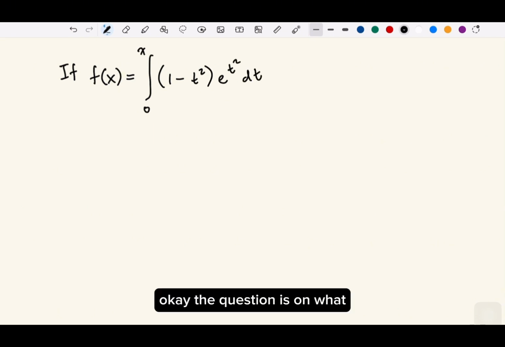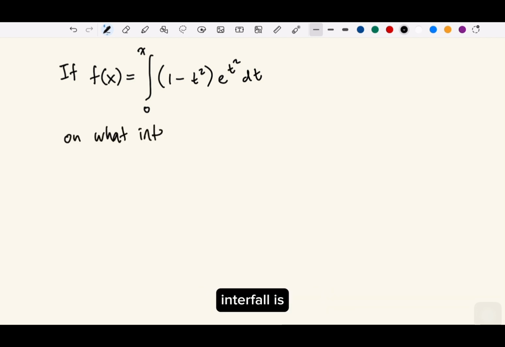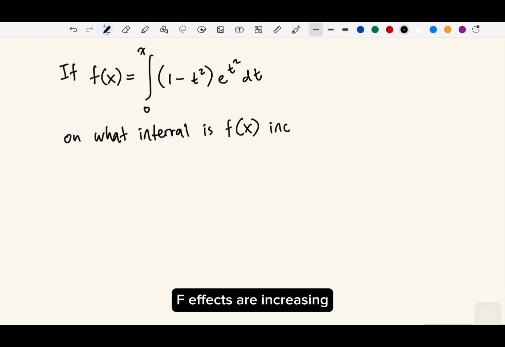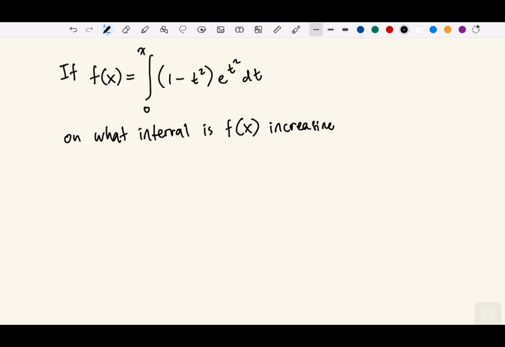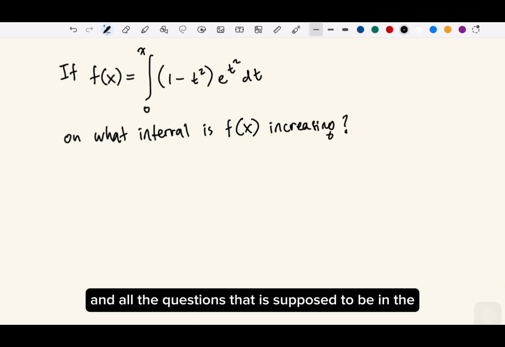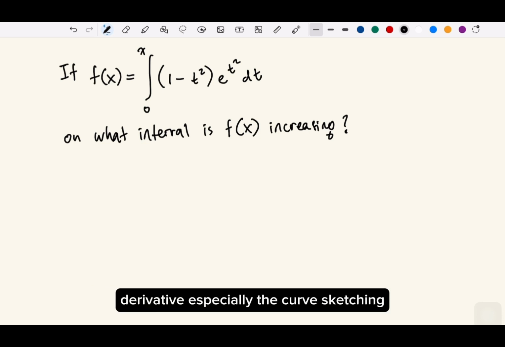Okay, the question is on what interval is f of x increasing, and all the questions that are supposed to be in the derivative, especially the curve sketching, increasing, decreasing, and then concavity, can also be asked within this section.